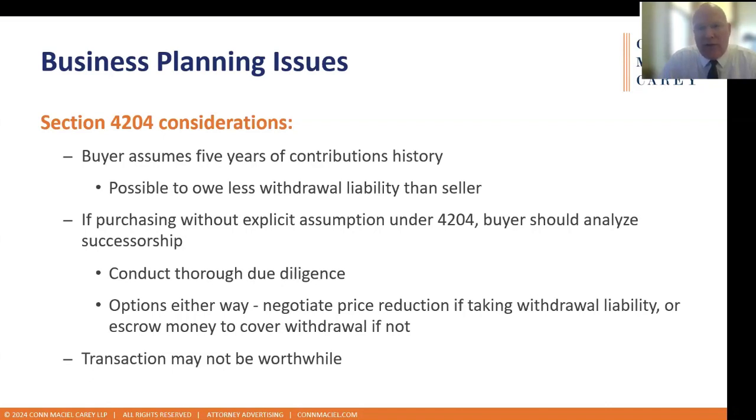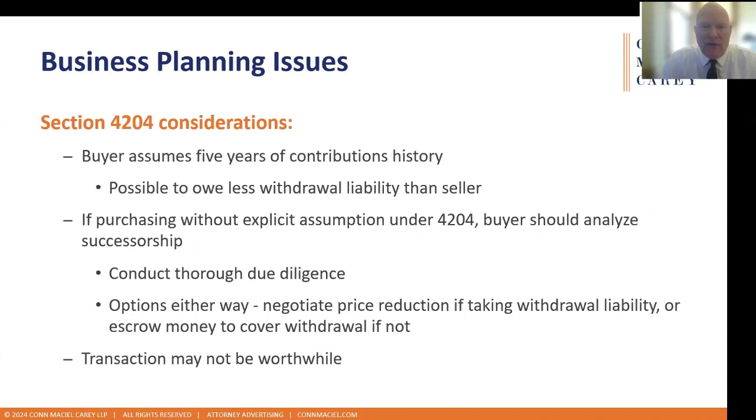As you'll see later on in the presentation, normally withdrawal liability is determined by looking back 10 years. And so it's at least a possibility that the seller's withdrawal liability, if they did not go through the sale, might be higher than the amount that the buyer would take on, because their high years may be more than 5 years in the past.